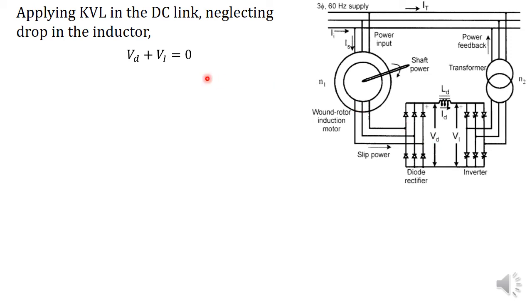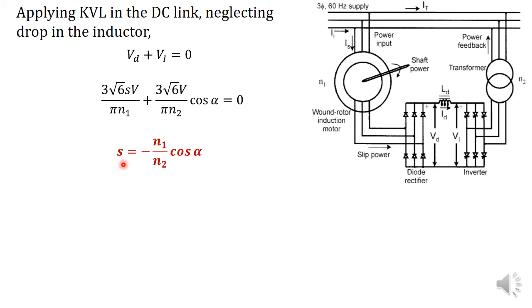So we substitute the expressions for Vd and Vi. After substituting, we will get the expression S is equal to minus of N1 by N2 into cos alpha.